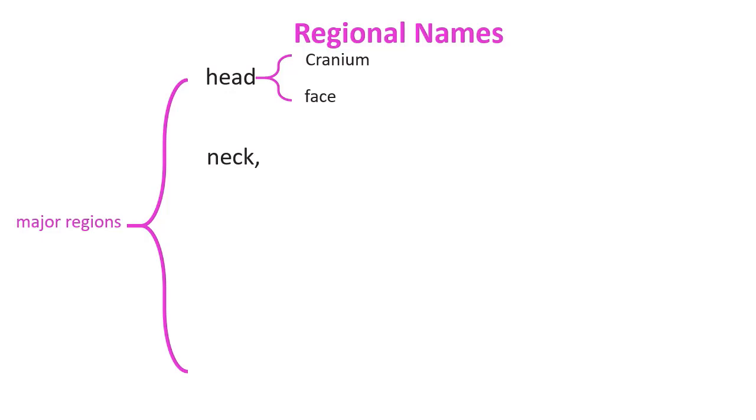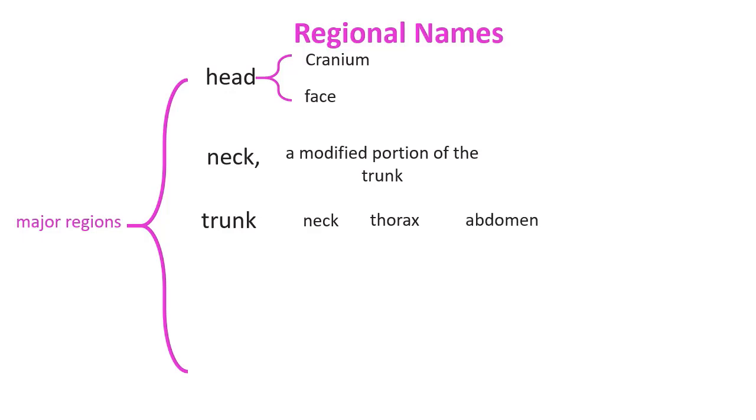Everybody knows where the neck is, and it is in fact a modified portion of the trunk, the uppermost constricted part of the trunk. Then the trunk includes the upper portion, the modified part, the thorax, the abdomen, and the pelvis.